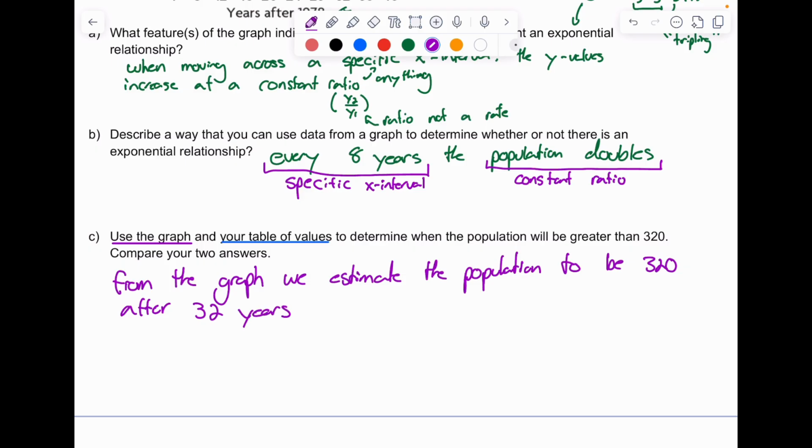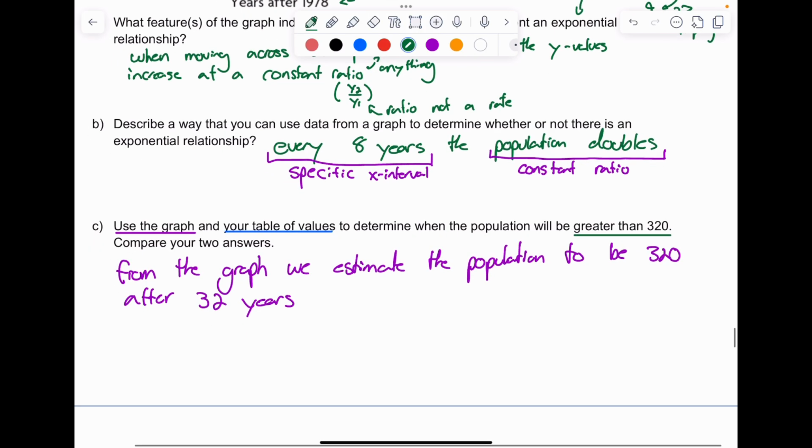So when will it be greater? Well, eventually we're going to answer that question, okay? So pretty much if the population is 320 after 32 years, then pretty much any time after 32 years, all right? But let's also compare that to our table of values.